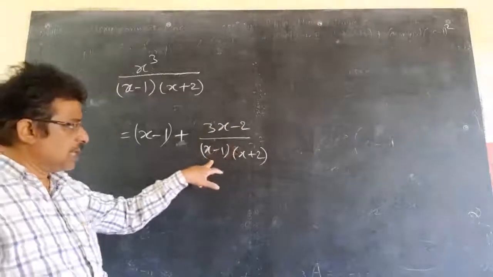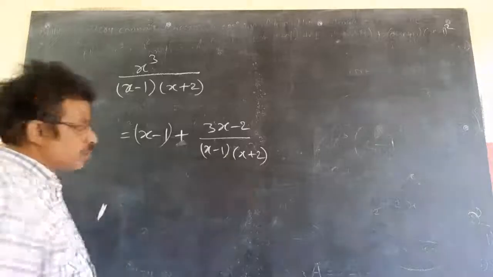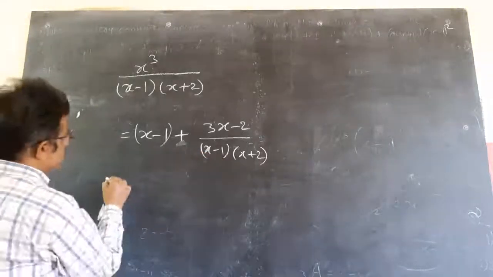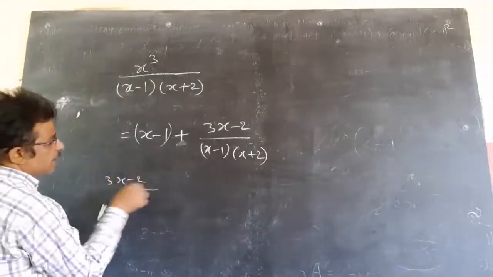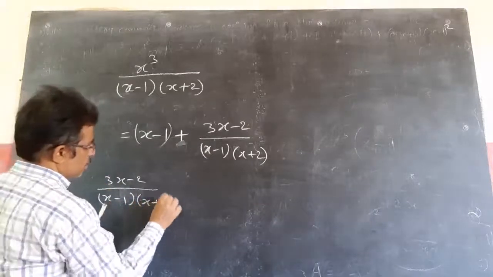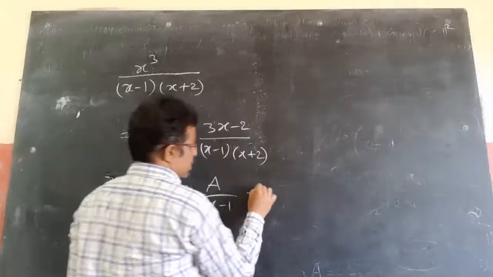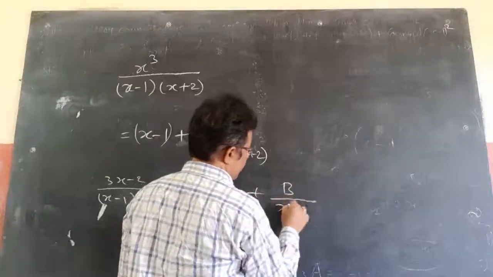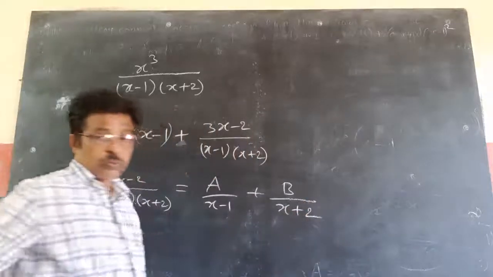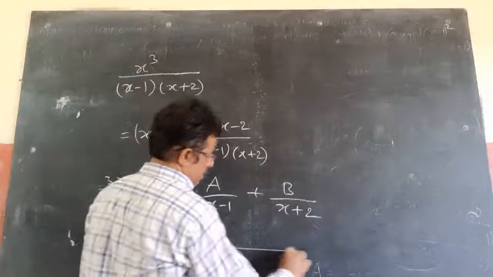If you observe, this is non-repeated linear fractions. So direct method, a by this, b by this. So 3x minus 2 by x minus 1 into x plus 2 equal to a by x minus 1 plus b by x plus 2. Now, take the LCM.